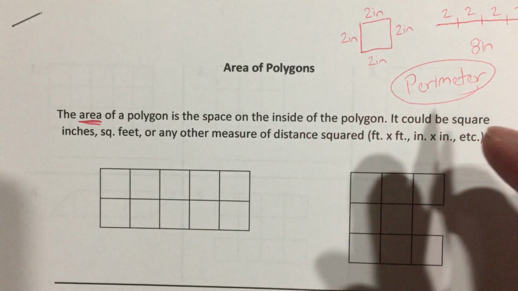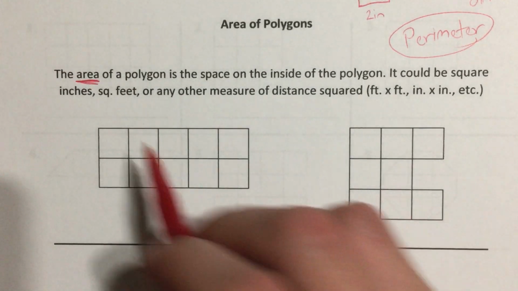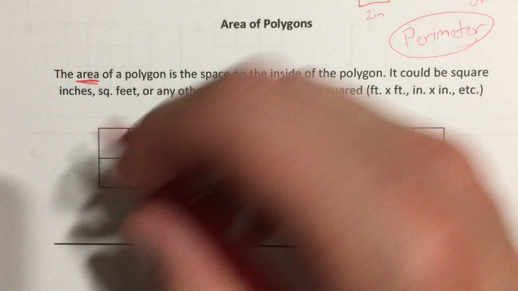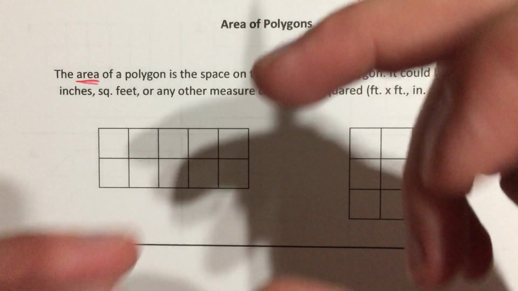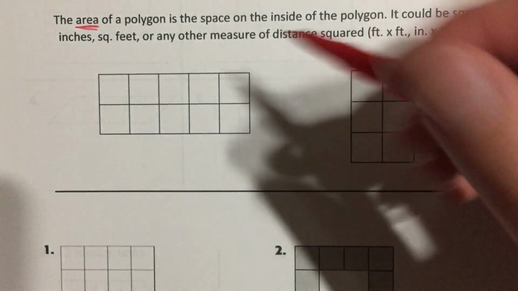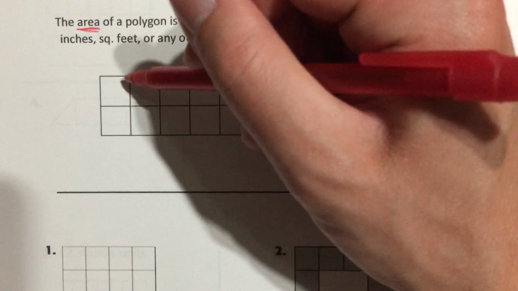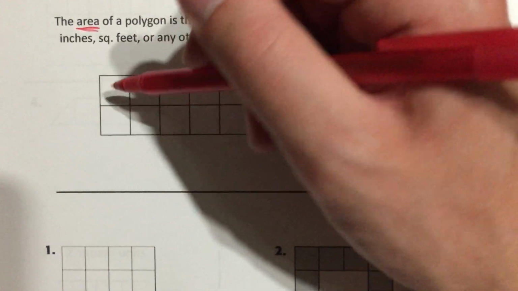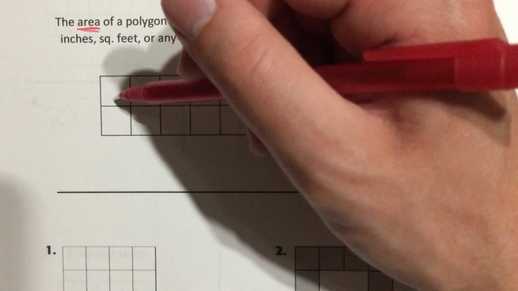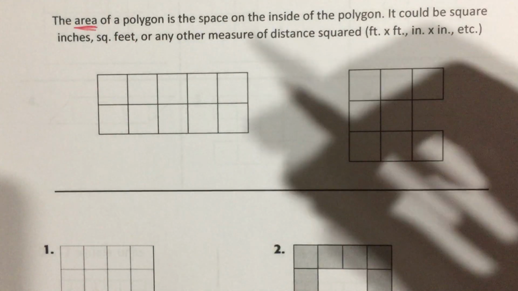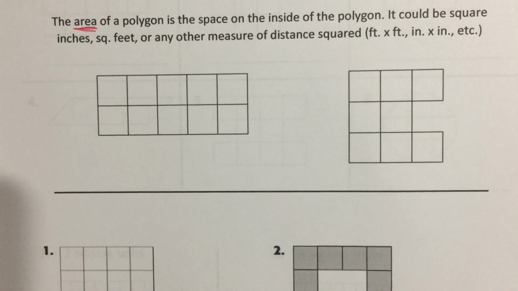Perimeter is in straight lines, but area looks like this. Area is in a certain square number of something. So area down here would be this length times this length in a square, to find the area of the inside of that square or whatever shape we're going to have.